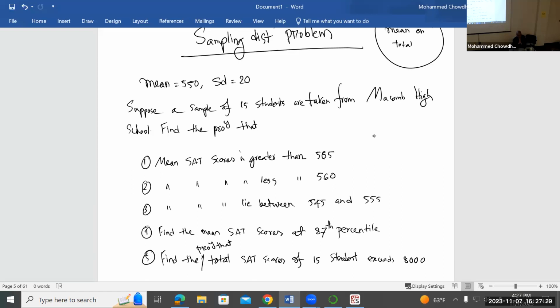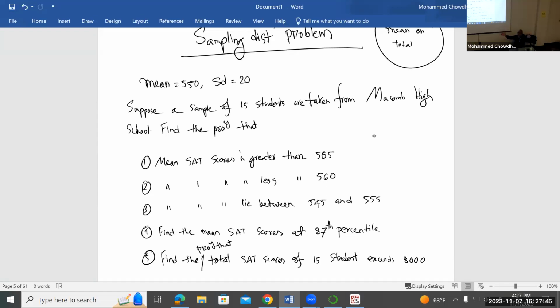Do you understand? After solving this problem, the normal distribution is done, then I will go for Poisson distribution. Do you understand these things?